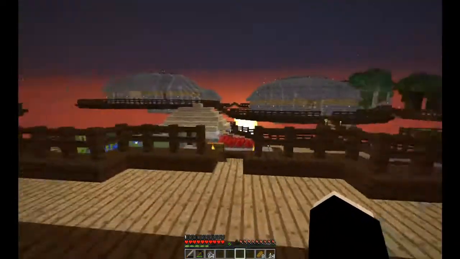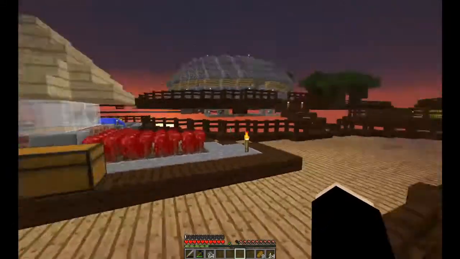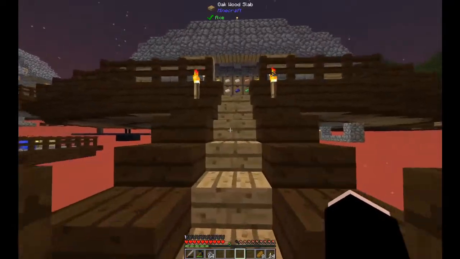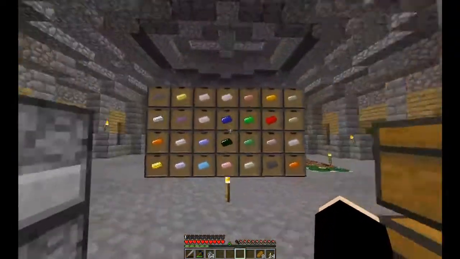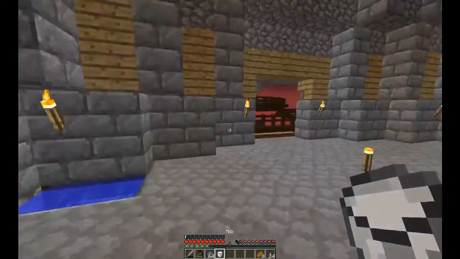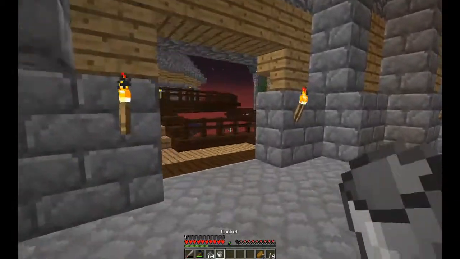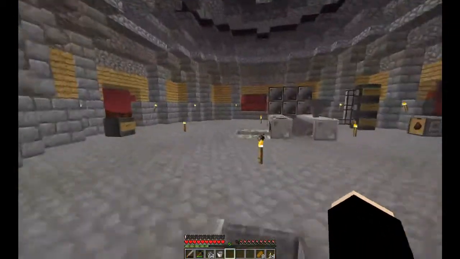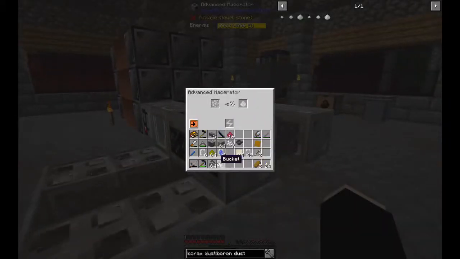So we're going to first macerate this. And then we're going to wash that. I need my bucket. I don't need the milk right now. I had the milk for the poison of the bees. Okay. Here.